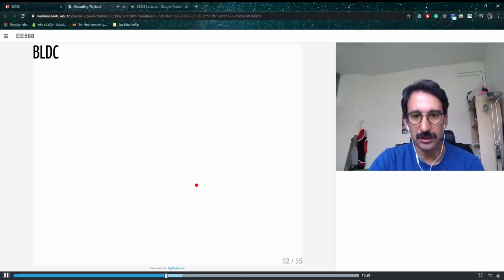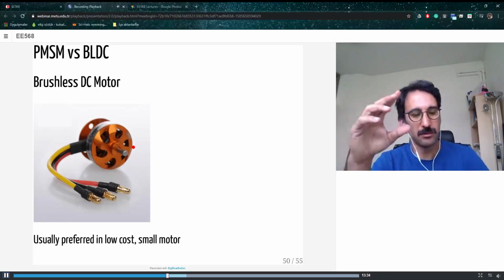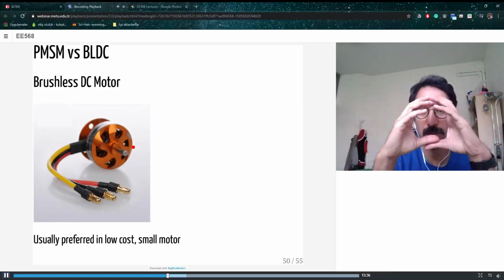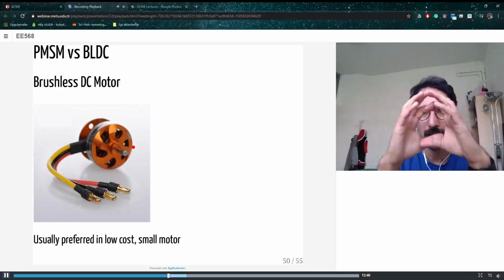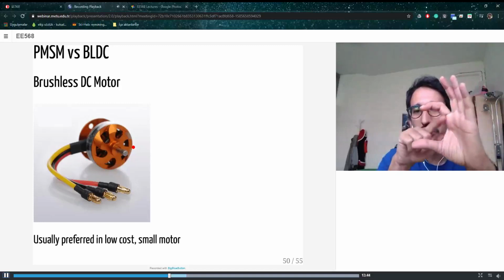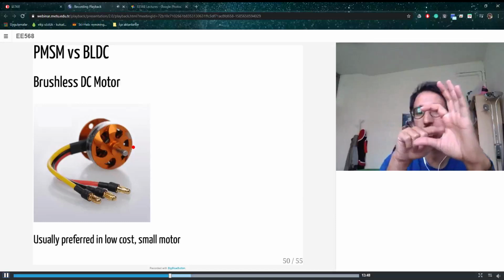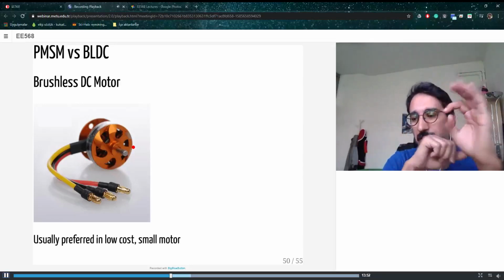BLDCs on the other side, just to go back, are kind of small motors. If you have a small motor, the cost will be small, and apart from the cost, you will have less circumference to open the slots. Maybe it will not be possible to open 30-40 slots in that kind of small machine.